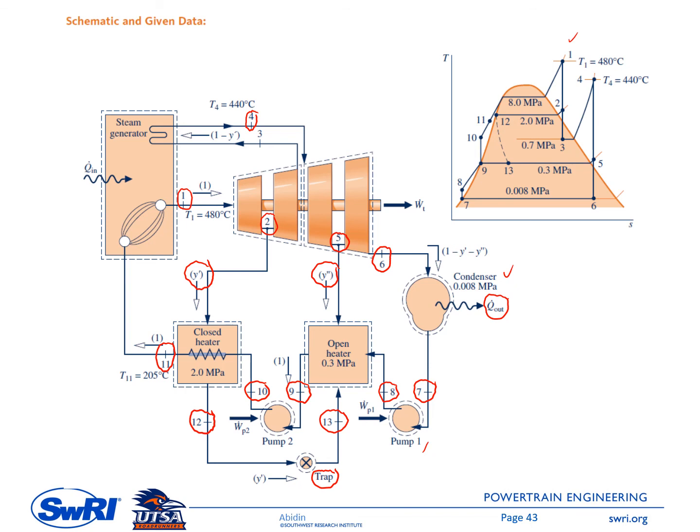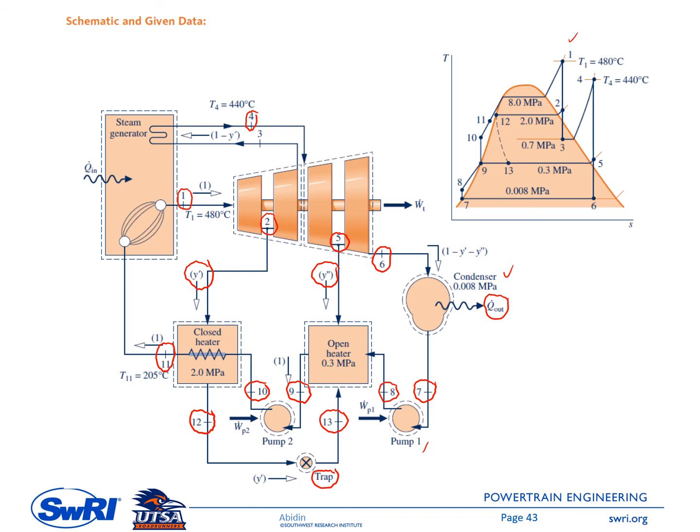So you can check from the table what is the state of this point number 5. So same thing like what we did when we wanted to check what is the state of point 2. So the pressure at point 5 is 0.3 megapascal or 3 bar. So you can check whether S4, which equals S5, is higher or lower than SG at 0.3 megapascal.